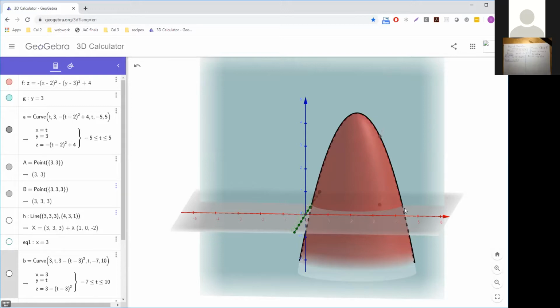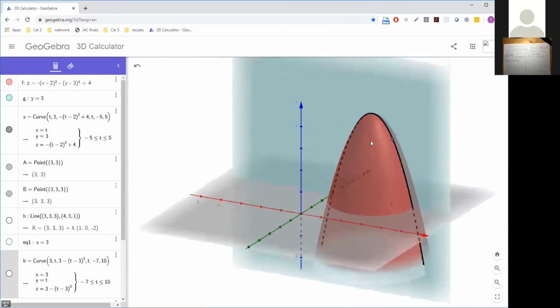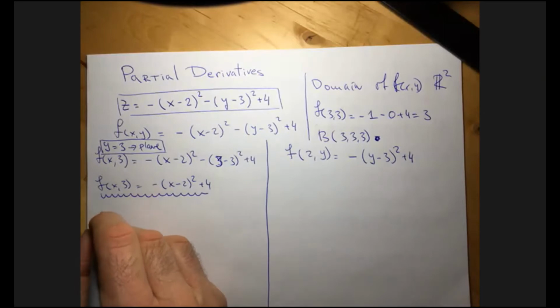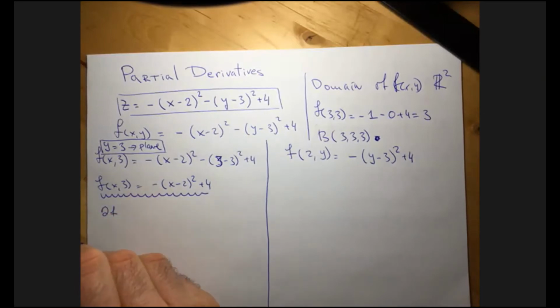So I end up talking about calculus 1. Finding the slope of this curve at the point B is what? Finding a derivative in one variable, right? That exactly is what partial derivatives are. So here I can say find the partial derivative of f with respect to x, right?